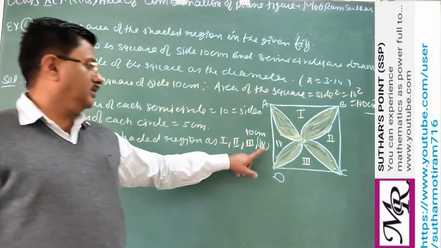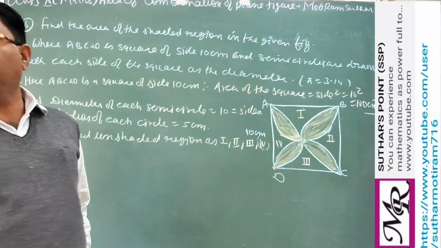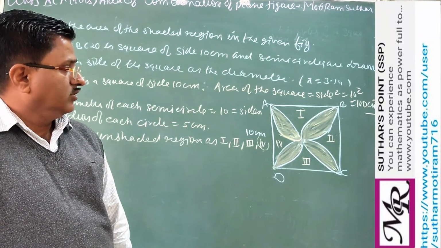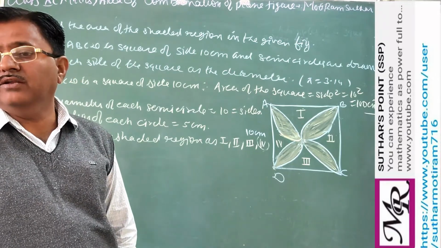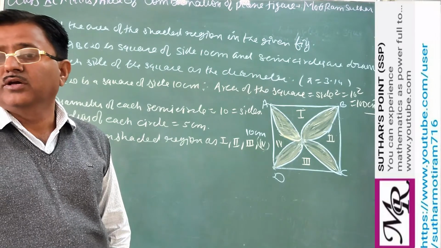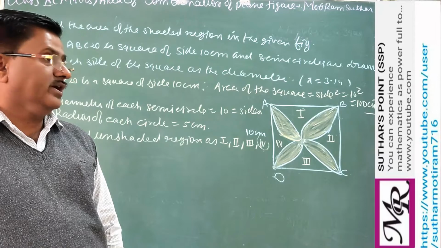Now, if you want to find the shaded region, you can find it by subtracting the unshaded region from the area of the square, because it is easy to find the area of the unshaded region.